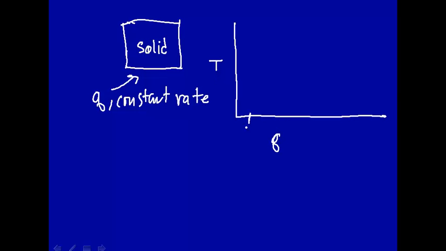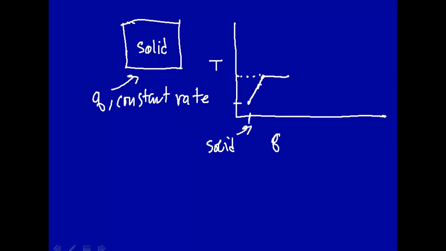So right here, we initially have a solid. And let's say that's initially at this temperature. As we put in heat, the temperature will go up because of heat capacity. And if the heat capacity is a constant over temperature, this will just be a straight line. But what you find at a particular temperature is that the temperature doesn't rise.